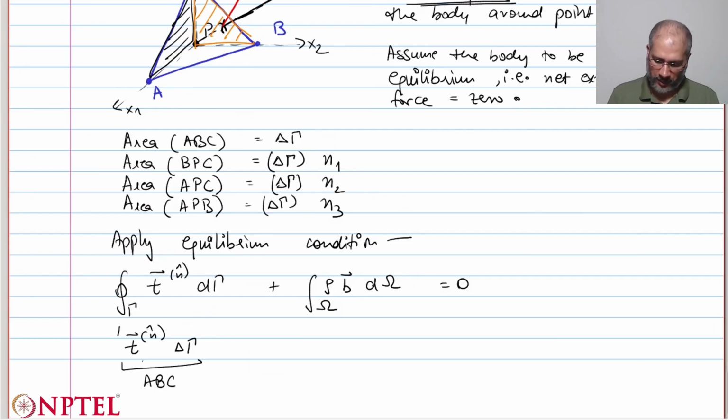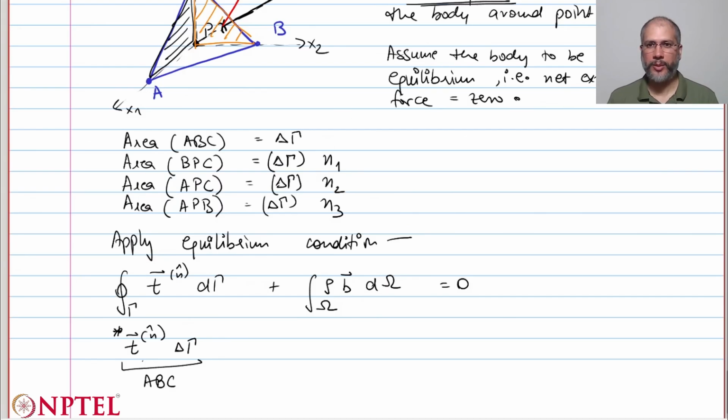So I'll write star, which denotes an average over the complete surface. And also in this case, the traction vector on surface ABC does not pass through point P. But ultimately our aim is to write the traction vector through a cutting plane with a direction n hat passing through point P. So that is the reason we put a star here, which denotes the fact that this is an average, and this is not passing through point P for this plane.